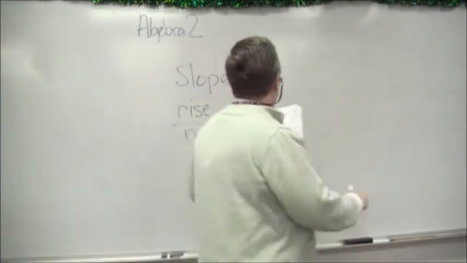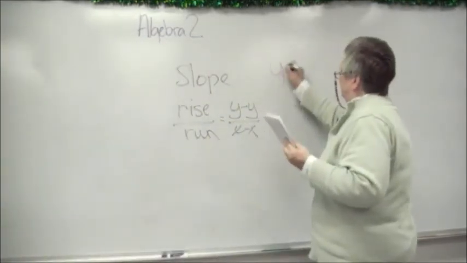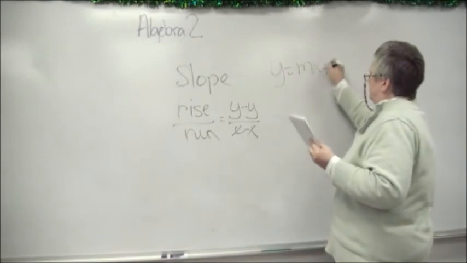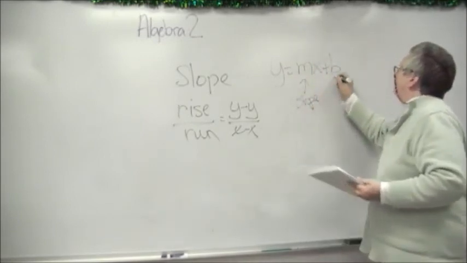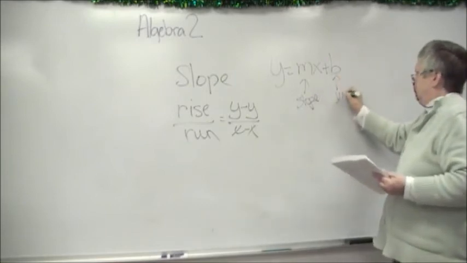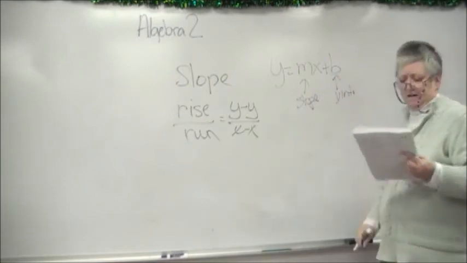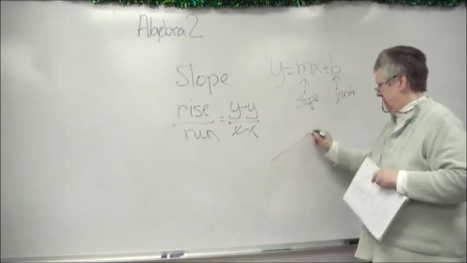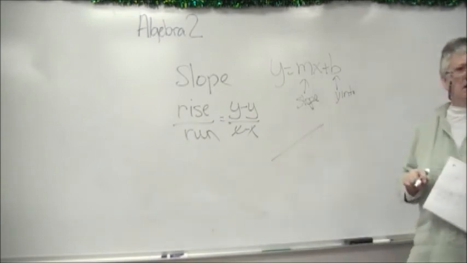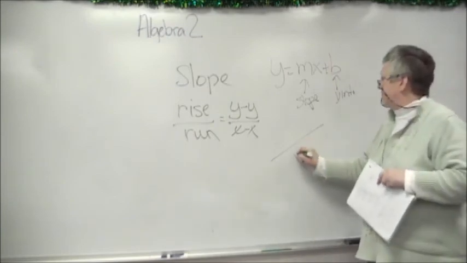The other thing we were going over was y equals mx plus b. That's the slope, and that's the y-intercept. So those are the things in here. If you have a slope that is going uphill, that means it's positive slope.